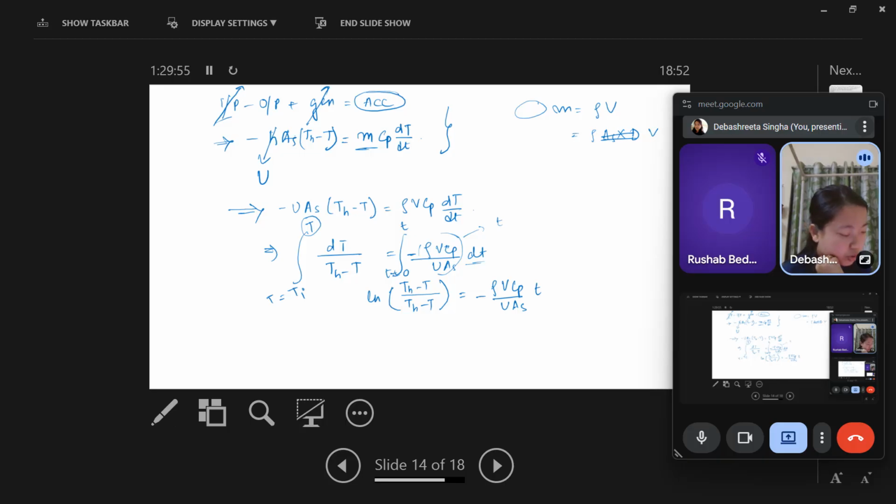Okay. Now how do you find out this U? This is the overall heat transfer coefficient. In the first 2 weeks, we learned that the overall heat transfer coefficient can be found by 1 by Hi plus 1 by H naught, or you can write it as A, and for composite walls there were also resistances like L by Ka.